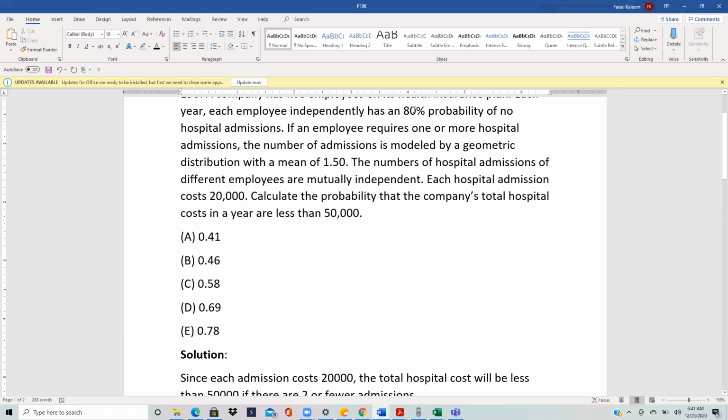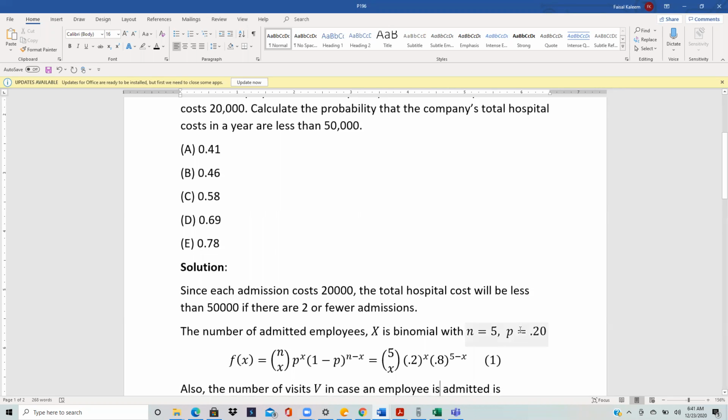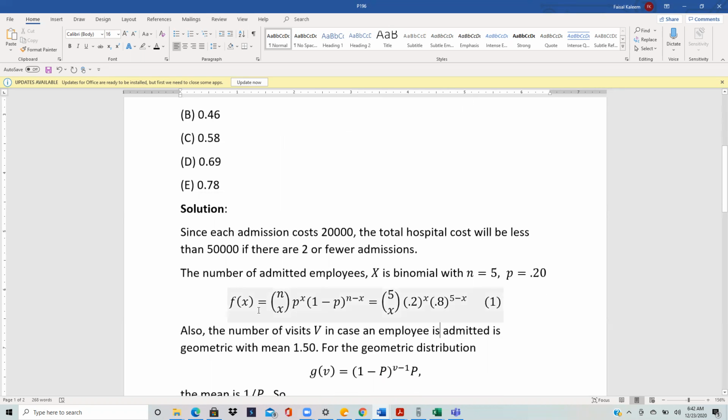So there'll be 20% probability that the employee will be admitted. That's why we're calling P as 0.2 and calling the success in this case as being admitted. Then we use our binomial formula and we get 5 choose x, 0.2 power x, and 1 minus 0.2 is 0.8, so 0.8 power 5 minus x.